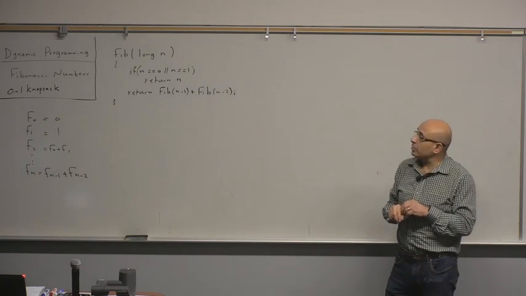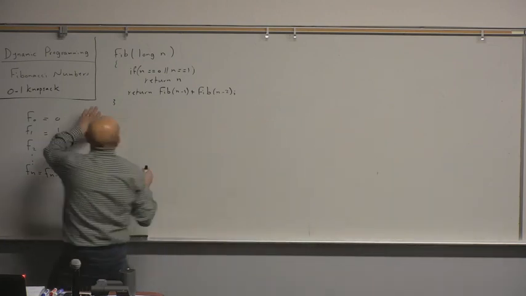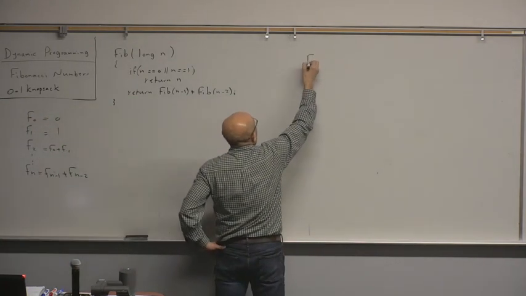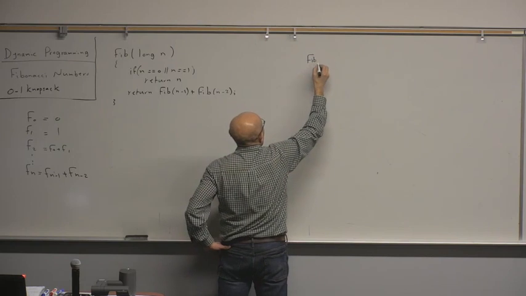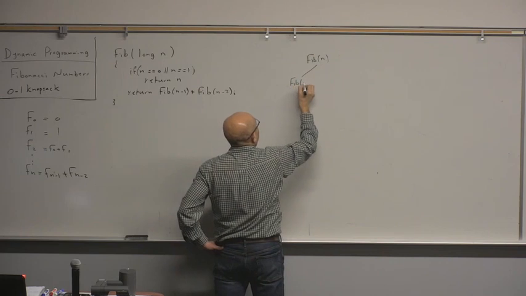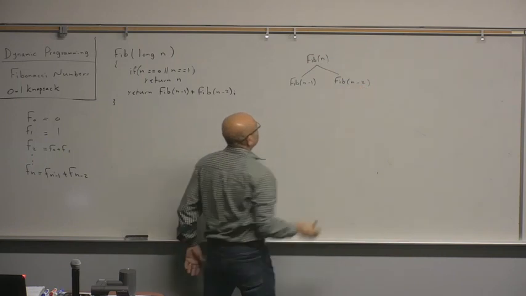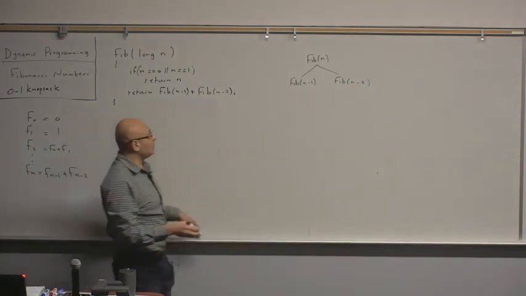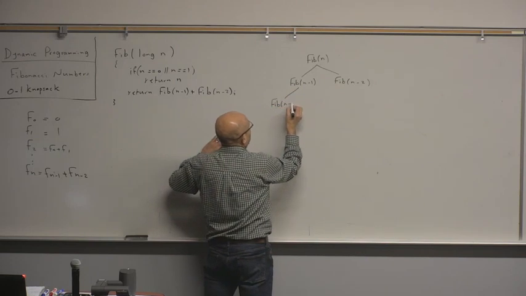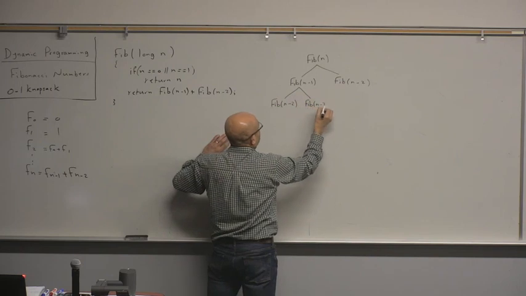Now, if we try to analyze the asymptotic complexity or analyze the behavior of this algorithm, we'll see something like this. Fibonacci of n is going to call Fibonacci of n minus 1 and Fibonacci of n minus 2. And Fibonacci of n minus 1 is going to call Fibonacci of n minus 2 and Fibonacci of n minus 3.